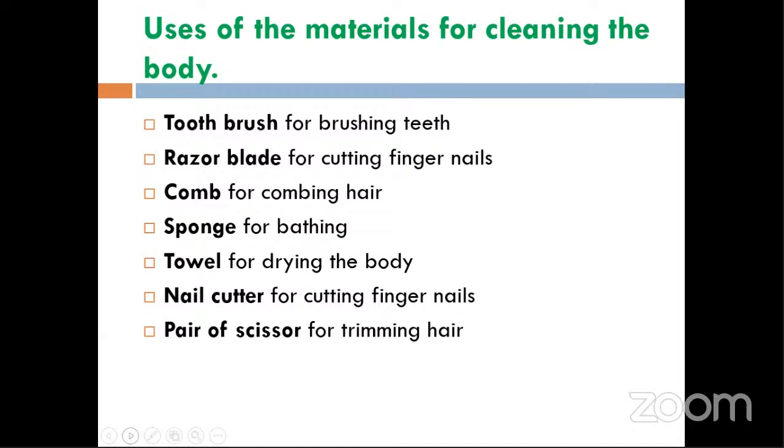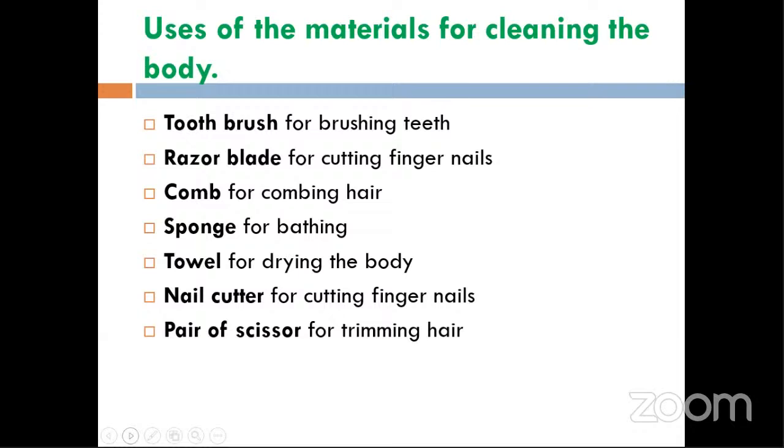Tomorrow, when we ask you in your examination, we shall say, name 2 materials used to keep our teeth clean. You mention the toothbrush and also the toothpaste. As simple as that.